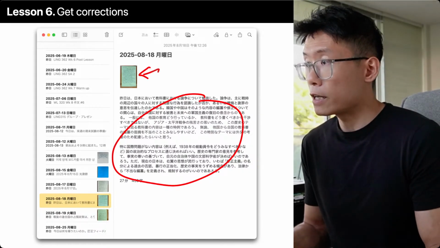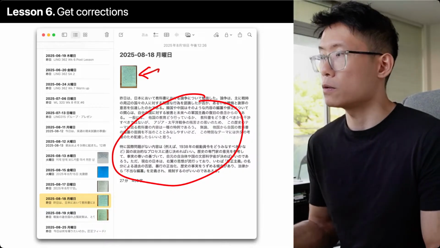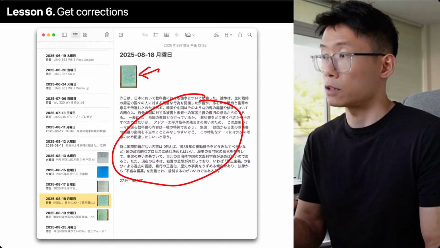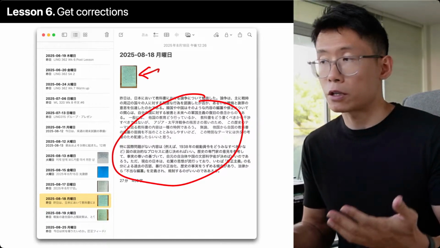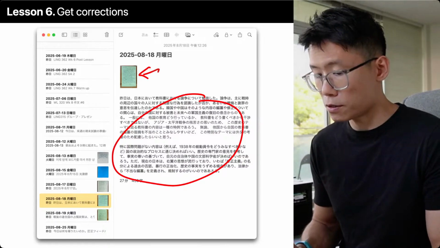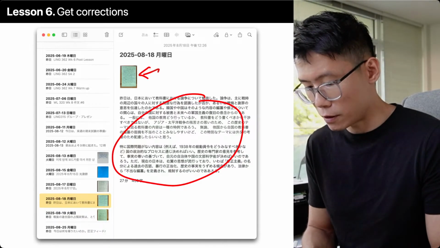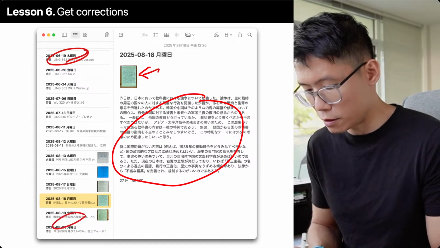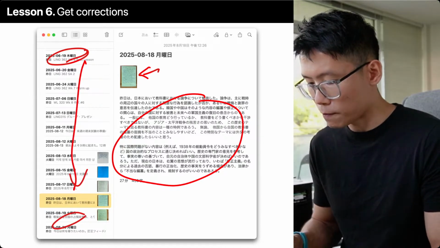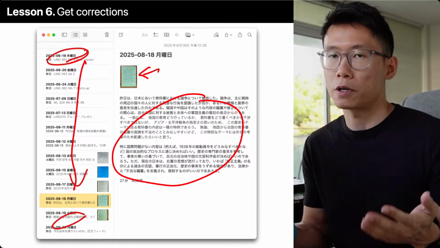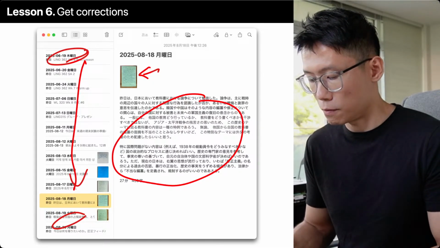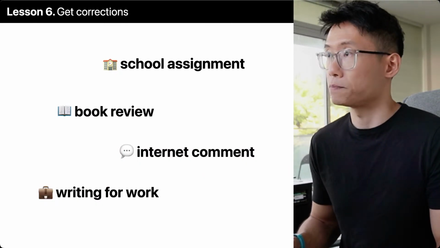Having a daily writing habit like this is not only helpful to get corrective feedback, but it can also help you have a track record of your language learning process. So I can compare my writing from an earlier time to a later time and see how it really progressed, right? So it's a good idea to give yourself some kind of record as to your Chinese progress.